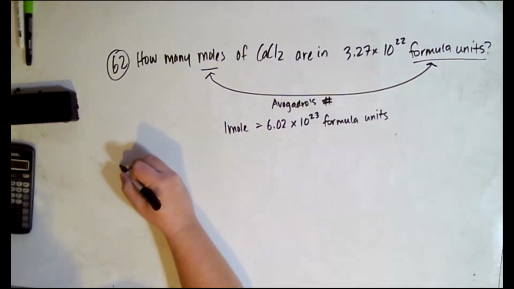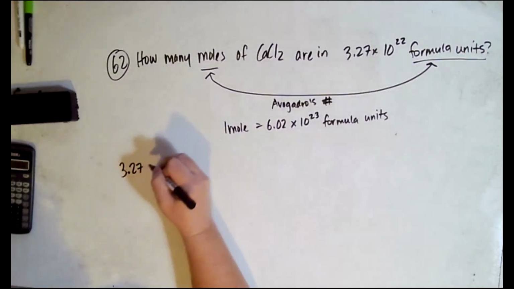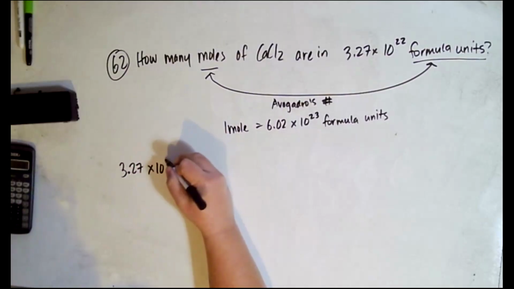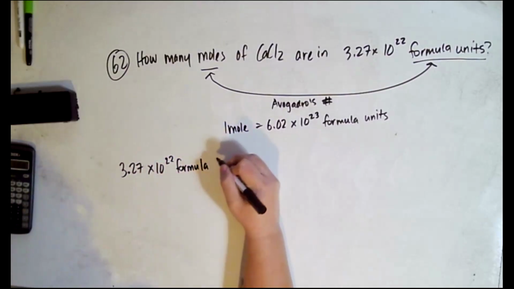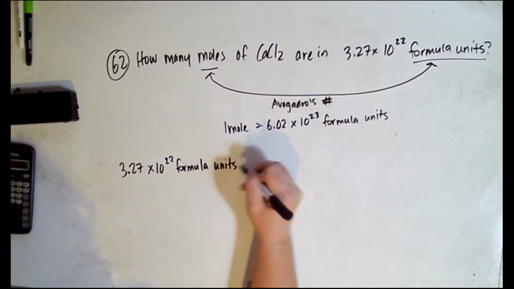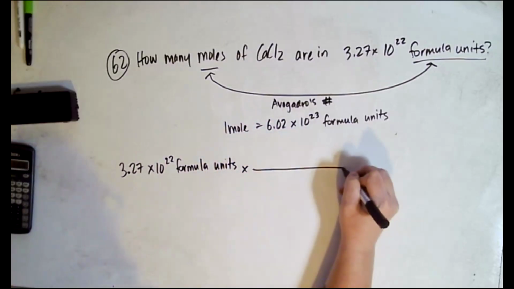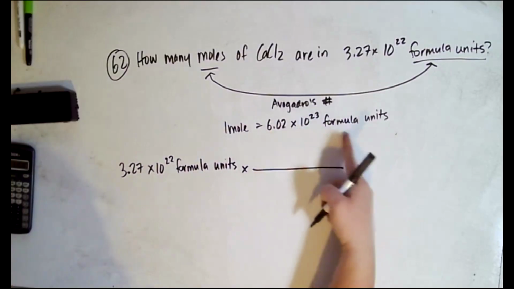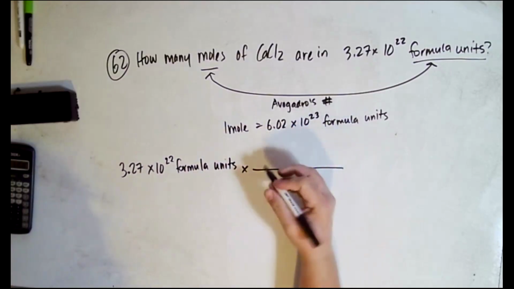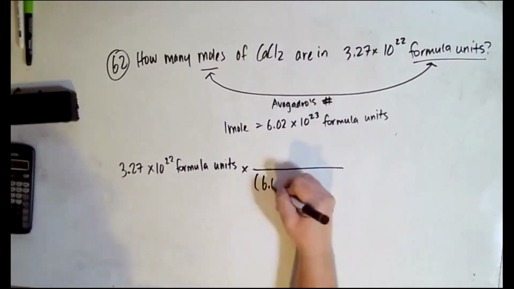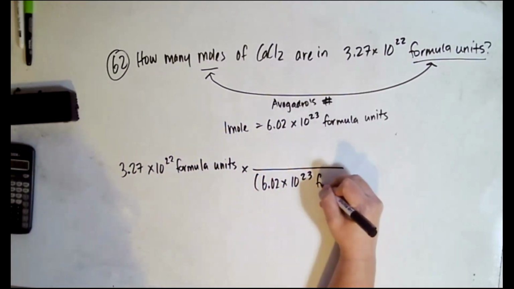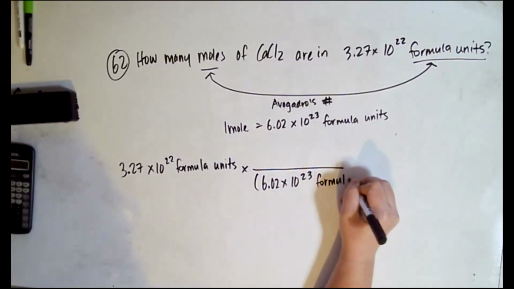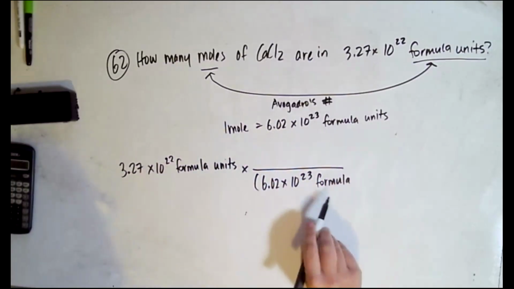So if I'm starting out with 3.27 times 10 to the 22 formula units, then when I set up my conversion factor, my Avogadro's number with my formula units has to go on the bottom so that my units cancel out.